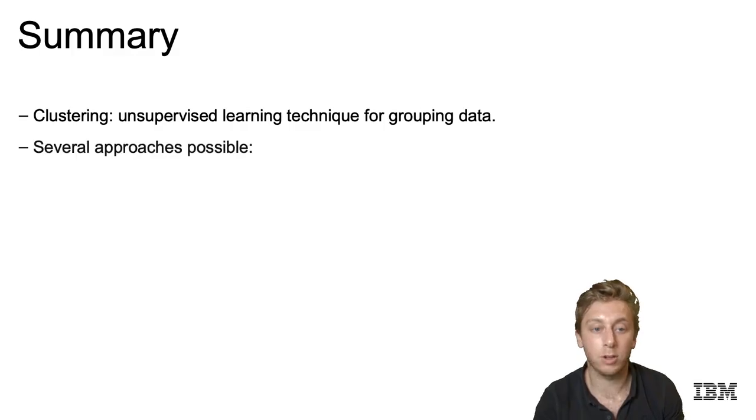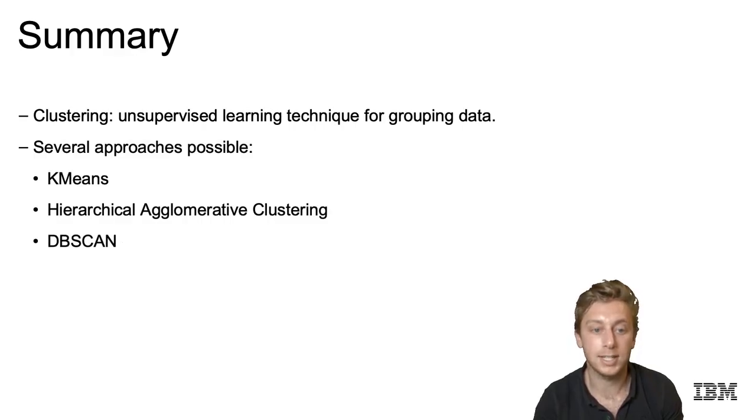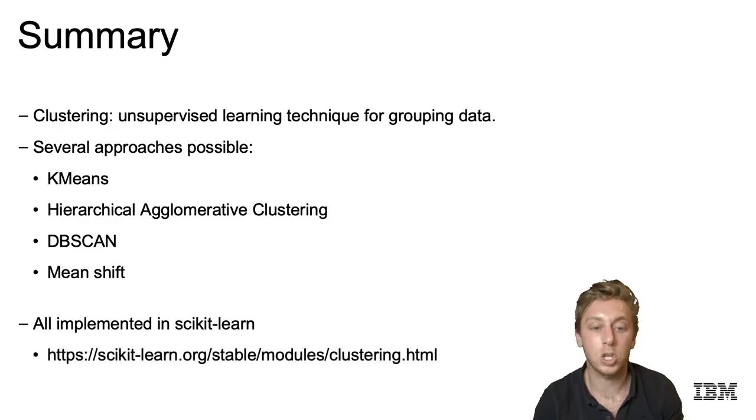And we discussed several approaches that were possible, such as k-means, hierarchical agglomerative clustering, DBSCAN, mean shift, and all of this can be implemented using sklearn. And if you're interested in learning more about the different hyperparameters that can be passed through, or even more clustering methods, I would suggest looking at the link, and feel free to dive deeper and experiment with everything that you have there available.